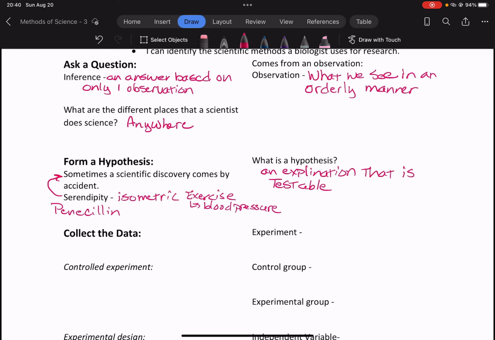So once we have our hypothesis, something that is testable, we want to collect data. There is a whole process in the data collection. The method that we use is called an experiment. An experiment is basically an investigation in a controlled setting.